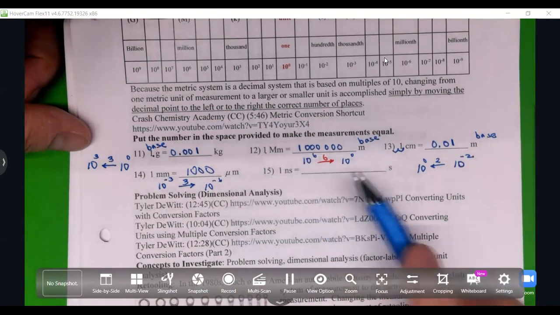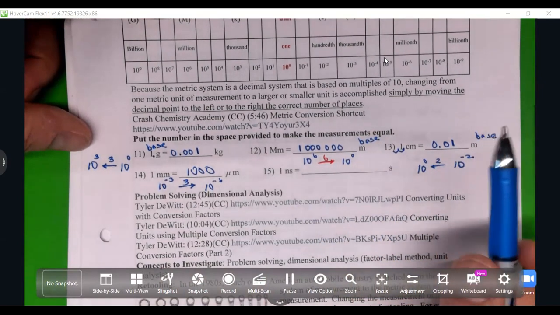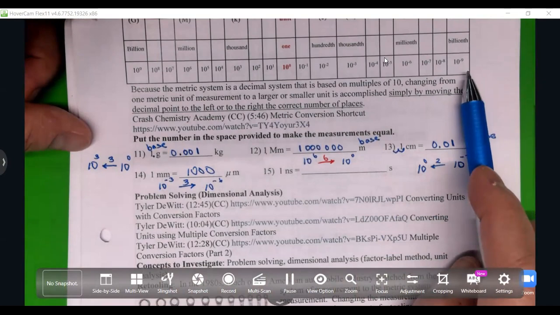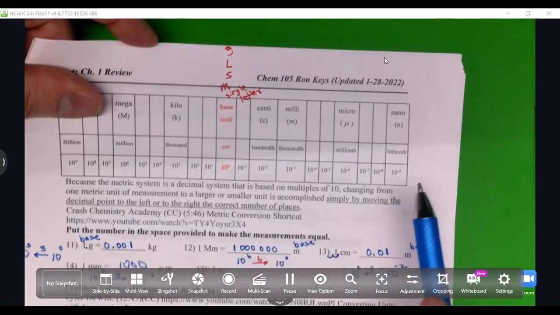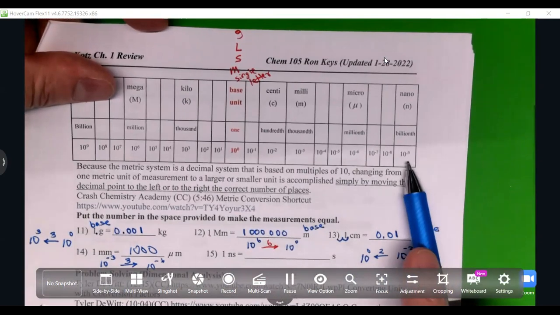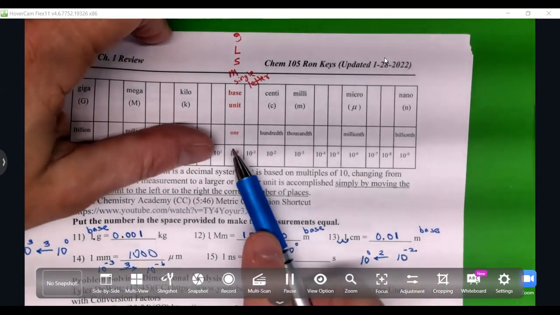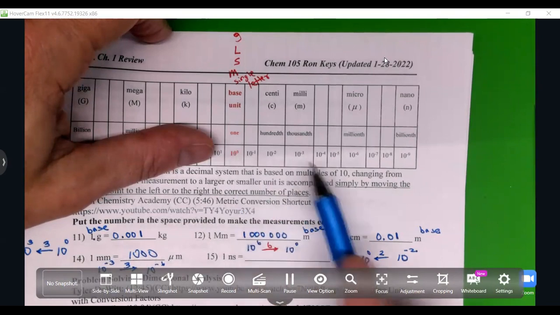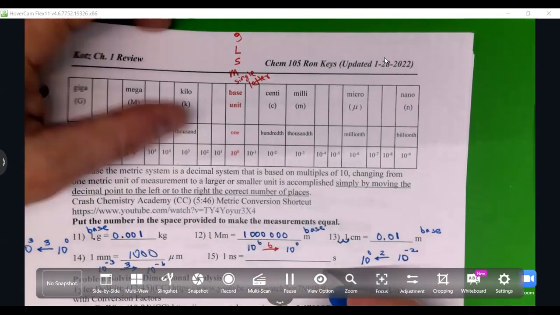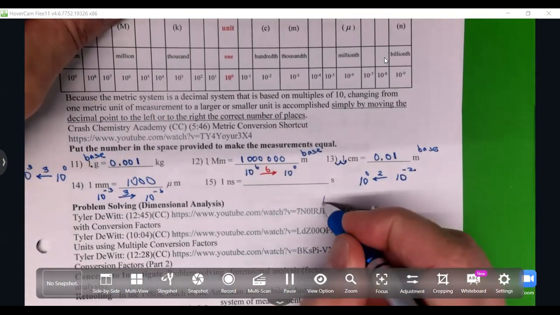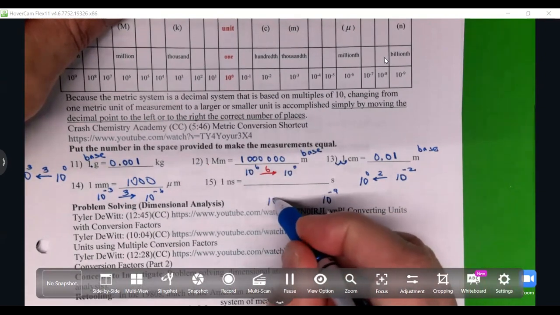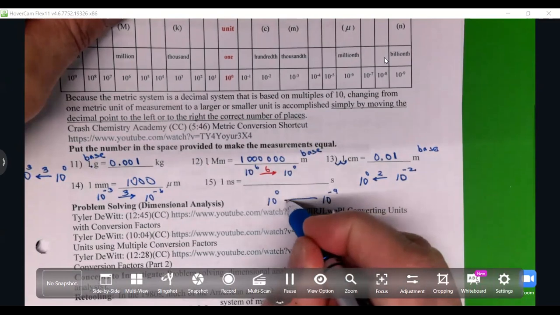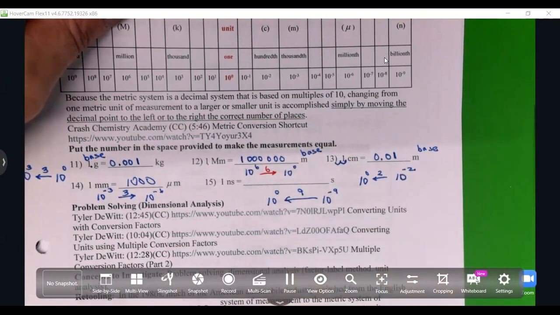1 nanosecond. How many seconds? I'm starting here at 10 to the minus 9. I've got to go to my base, right? I've got to go to 10 to the 0 this way, 9 places to the left.